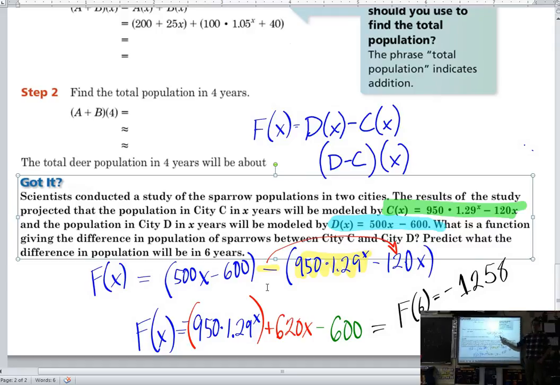We anticipated the wrong city to have more because we just did city D, or population D, minus population C. So really what our results tell us is C has more after 6 years by 1,258. Because our difference was negative and we were anticipating D having more, we were wrong. C has more. Doesn't matter because we can still use that information. Any questions? Be careful with that negative that we dropped.